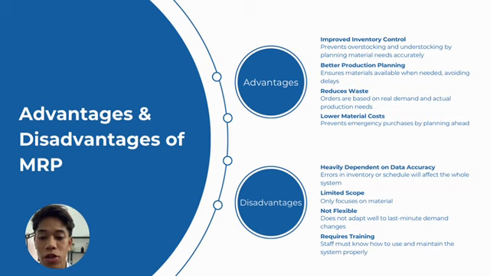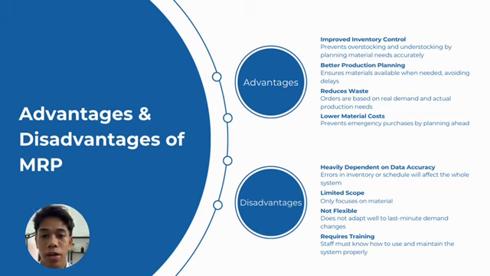Second, better production planning to ensure materials are available when needed and avoid delays. Third, reduced waste, as orders are based on real demand and production happens only when needed. Fourth, lower material costs, as it prevents emergency purchases by planning ahead.